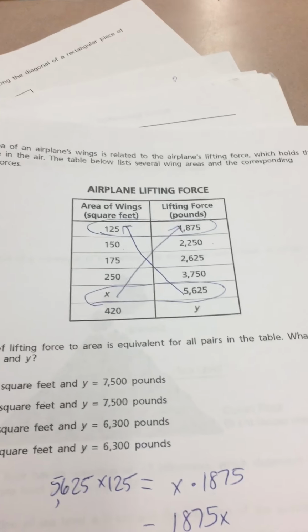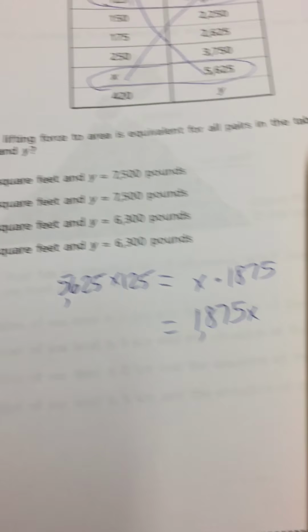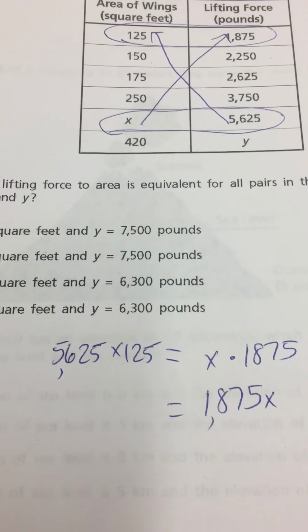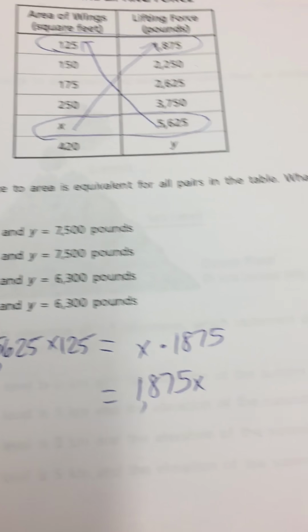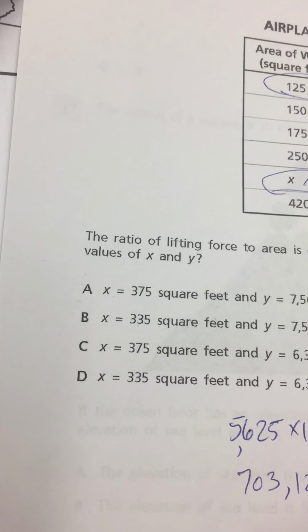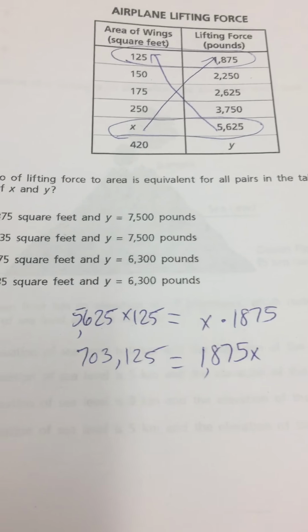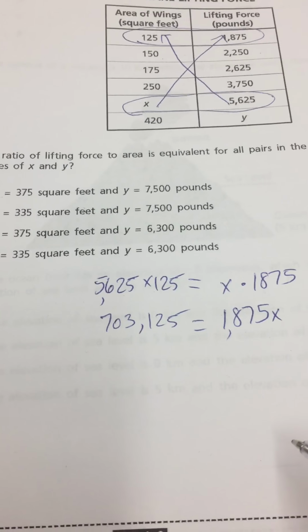And then I'm going to quickly do the calculation over here. It's 5,625, I'm plugging it into the calculator, times 125 equals 703,125. At this point, we need to solve for x by itself.